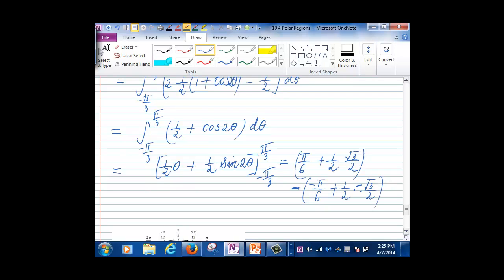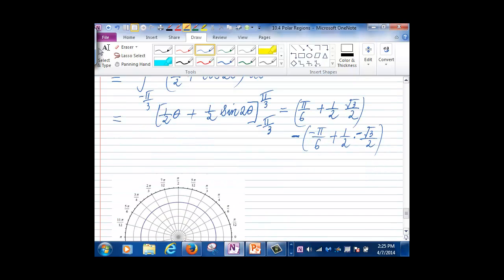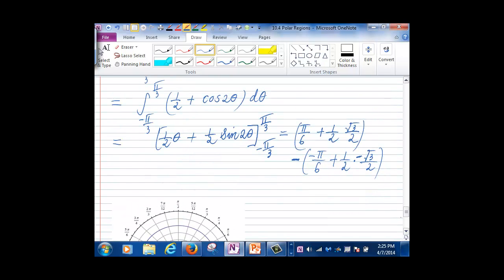Everybody's okay? Questions on it? Alright, so basically then when you multiply out you get a plus plus, so this is basically twice. So what do you get? I get pi over 3, right, when I add pi over 6 and pi over 6, and then plus root 3 over 2, right?